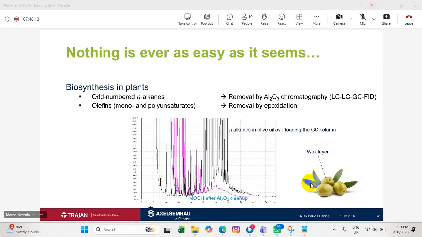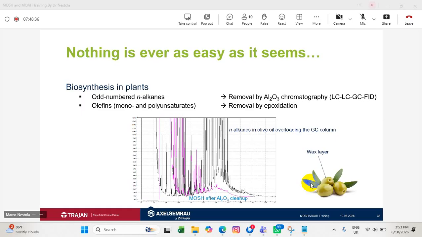On the other side, when it is a very hot day, the plant does not want to lose all the water. Therefore, there is a layer of wax on top of the fruit, synthesized by the plant. And obviously, when olive oil is pressed, this is also in the oil. So we need to think about that.